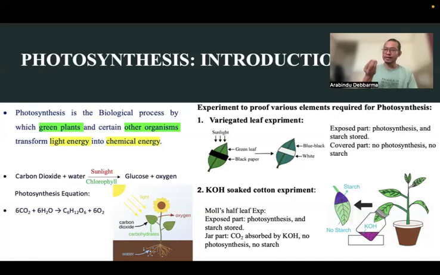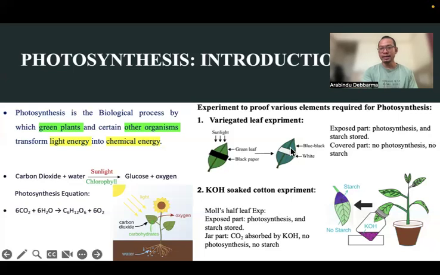Now, the leaf that has been exposed to the sunlight, this particular region where it is green, when you put iodine over there, this area turns blue, because it means this area has carried out photosynthesis, and starch has been stored here. Therefore, when you add iodine, this particular area has turned blue.